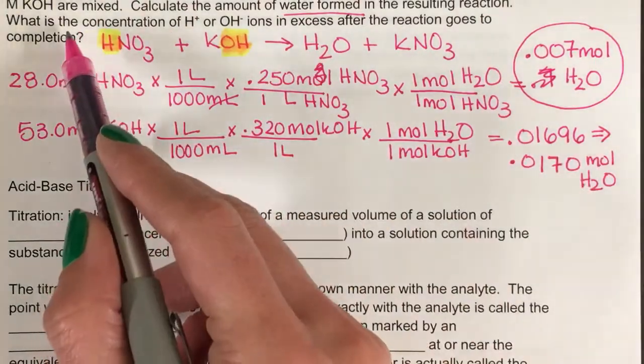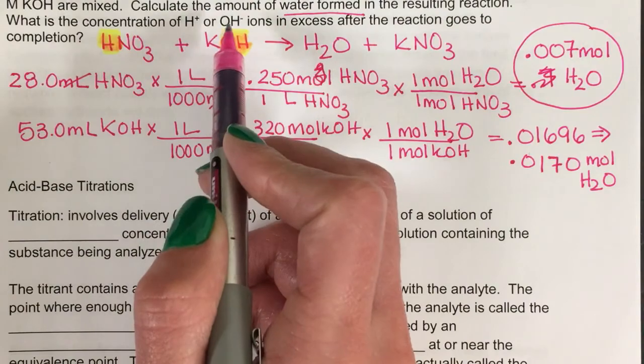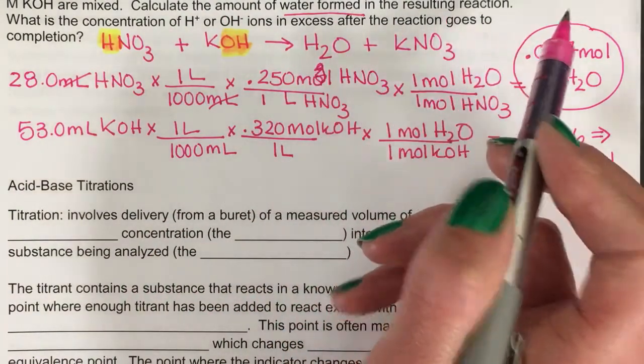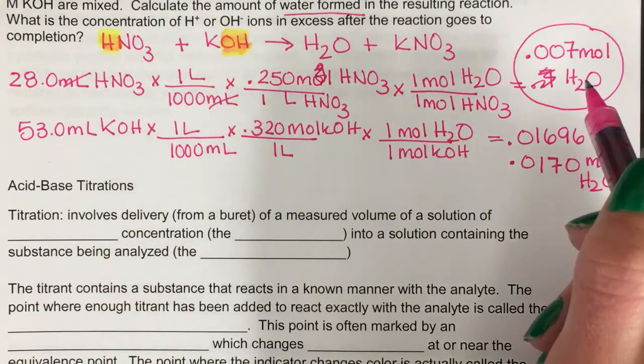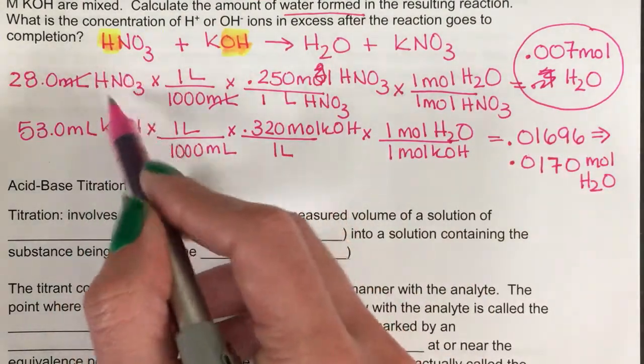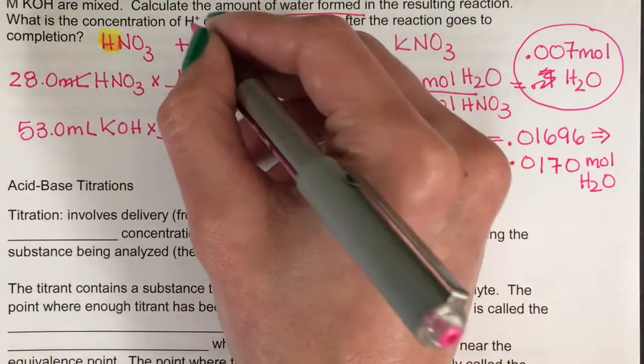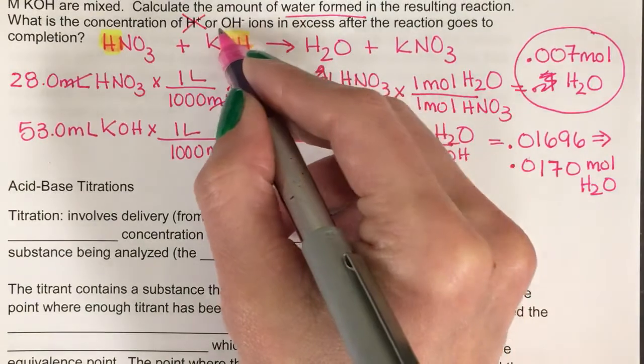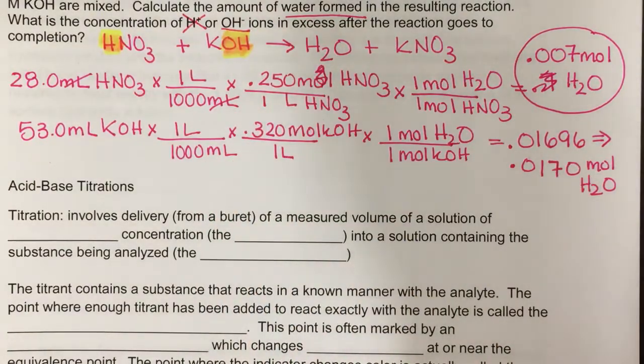It says, what is the concentration of H plus or OH minus ions in excess after the reaction goes to completion? Well, HNO3 is my limiting, so all of my H plus got used up. My OH is the excess. So let's figure out how much excess.